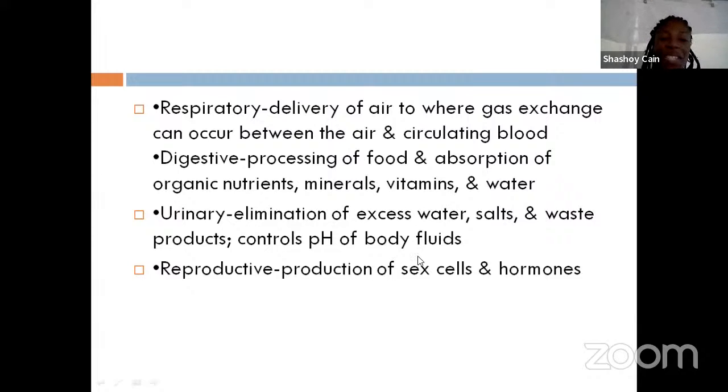The urinary system eliminates excess water, salt, and waste products, and it controls pH of body fluids, right? Anybody know what pH means? Potential for hydrogen. Hydrogen, yeah.